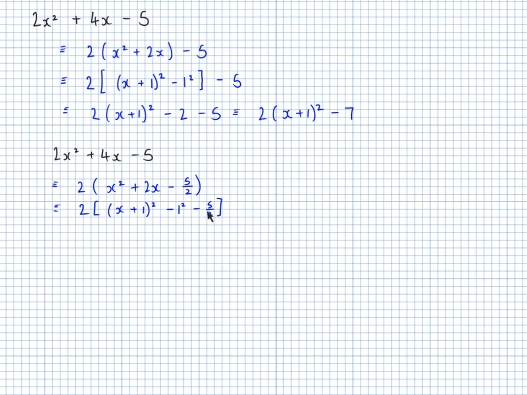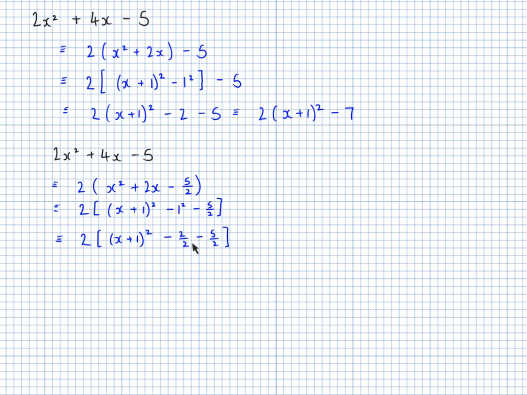Now this time, this is a fraction over 2, so I need to rewrite the 1 as a fraction over 2. That's going to be 2 over 2. So this is going to be 2 square bracket x plus 1 squared, take away 2 over 2, take away 5 over 2, and square bracket there.